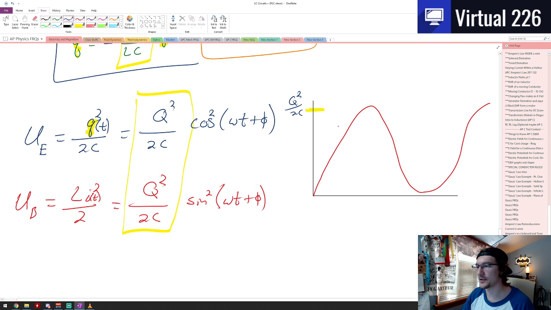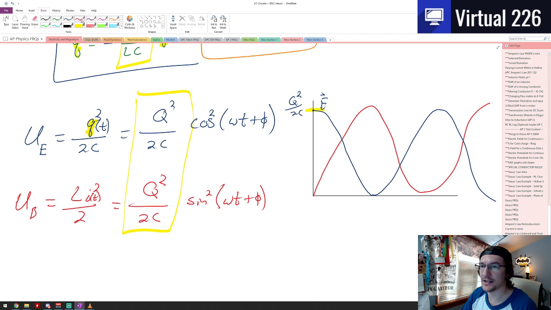The other one will start up top and just oscillate in the opposite direction. So boom, boom, boom. Maybe this is the E field here, and this is the energy stored in the B field. But they are oscillating opposite of one another, which is a kind of interesting thing. And they're oscillating just due to the cosine and sine term.